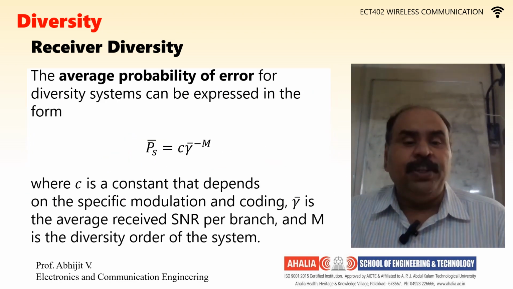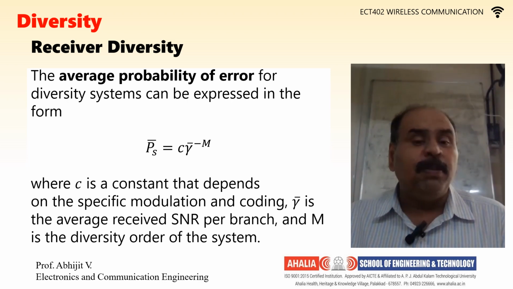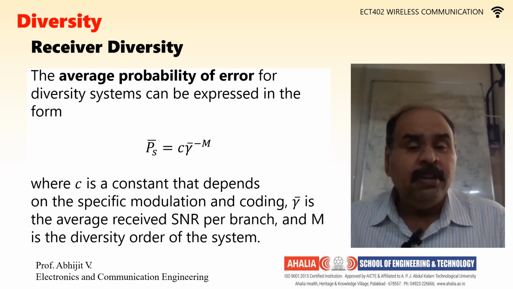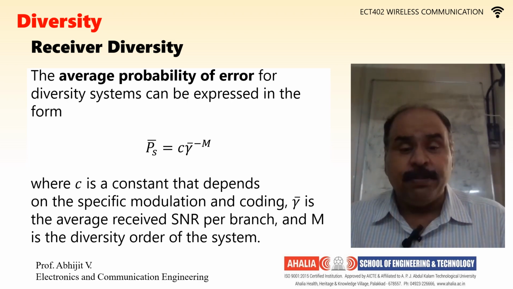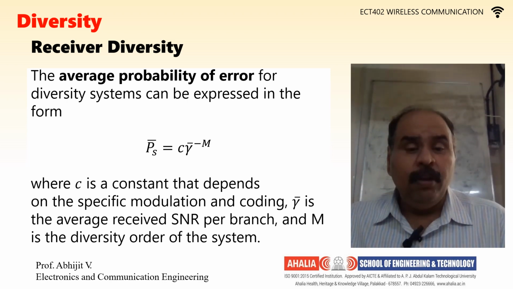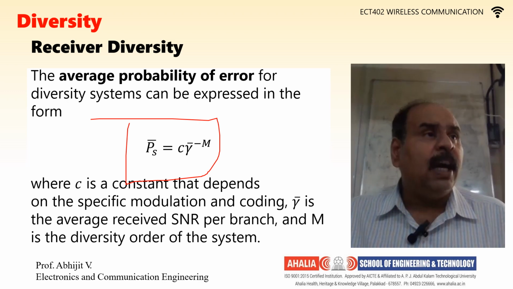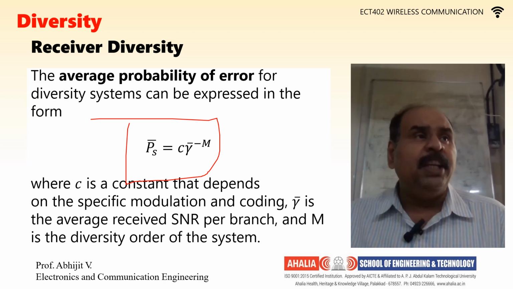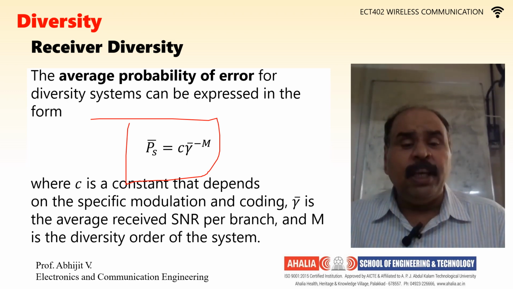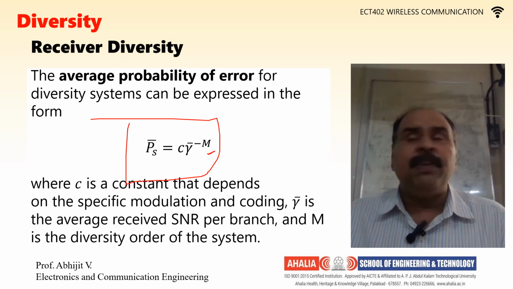Another important definition is the average probability of error for diversity systems. We define PS as C times the average SNR raised to minus M, where M is the order of the diversity. We have M branches, right?